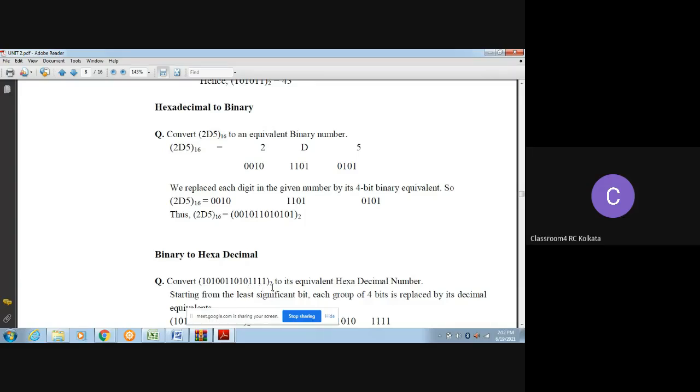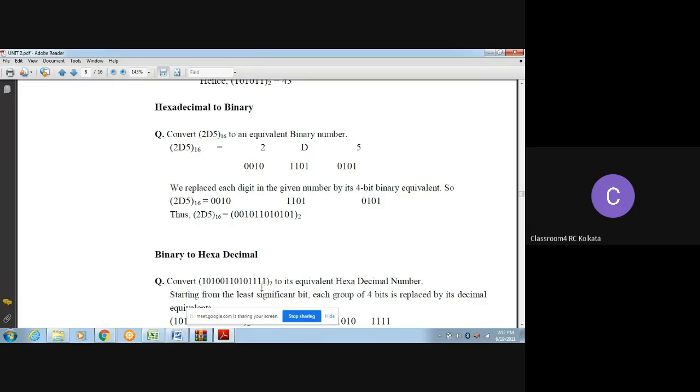From where do you group it? From the least significant digit to the most significant digit. Which one is the least significant digit? This one is the least significant digit. That means the rightmost one is your least significant digit and the leftmost one is your most significant digit.